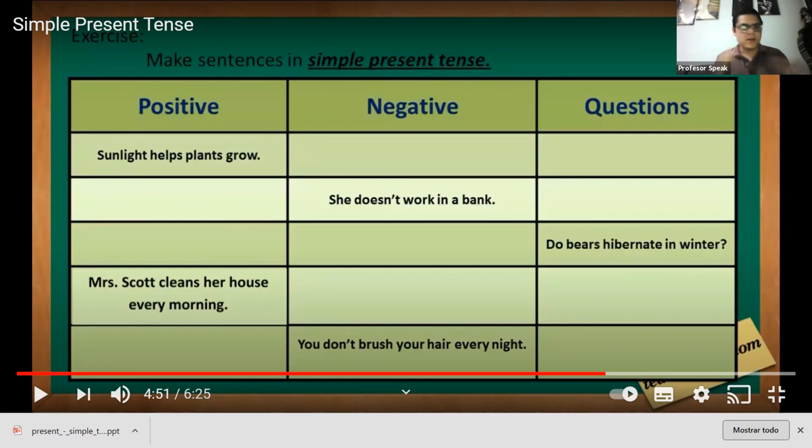You're going to complete this table. You have the positive and you're going to make the negative sentences and then you're going to make the questions. This is what you're going to do.